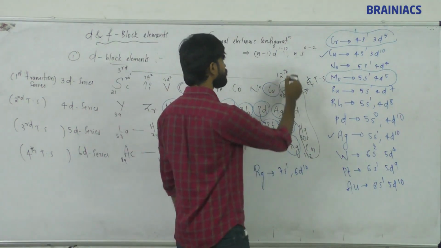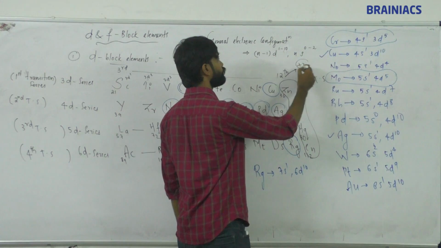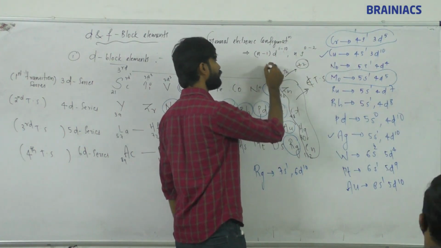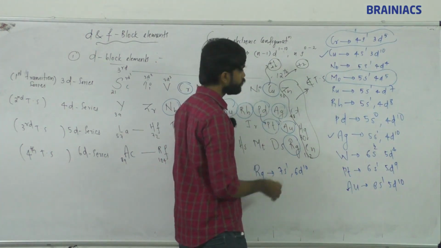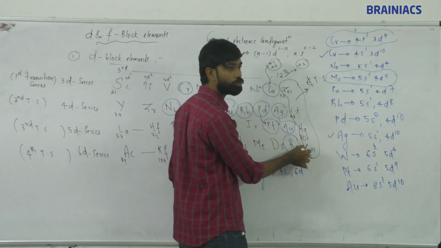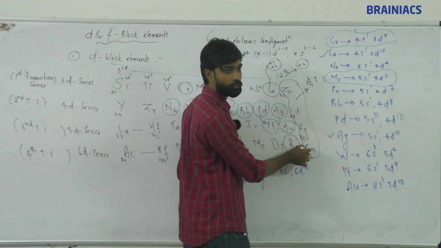The common oxidation state of the 12th group is +2, whereas the 11th group is either +1 or +2. So these do not belong to transition elements.